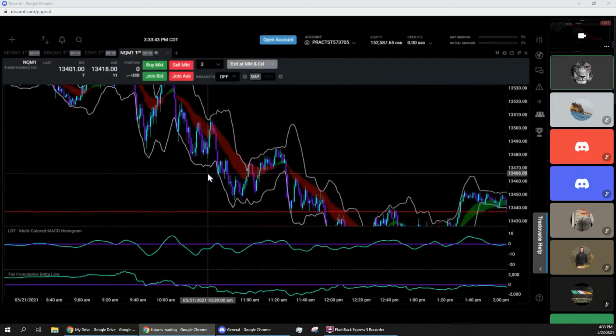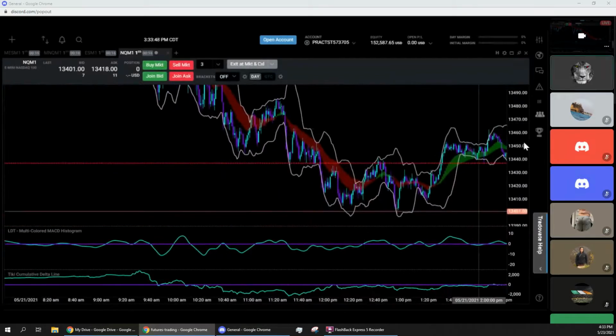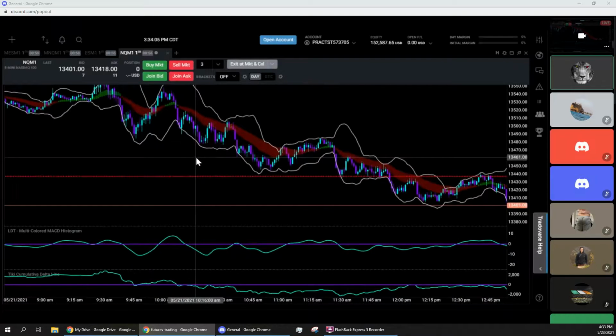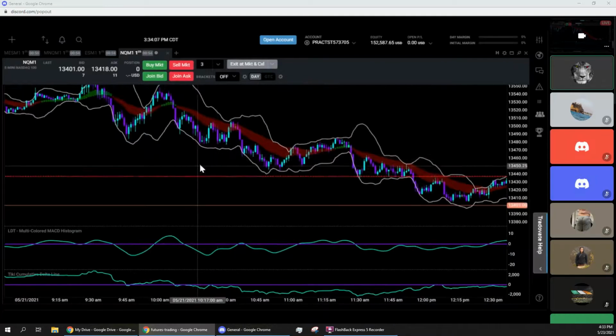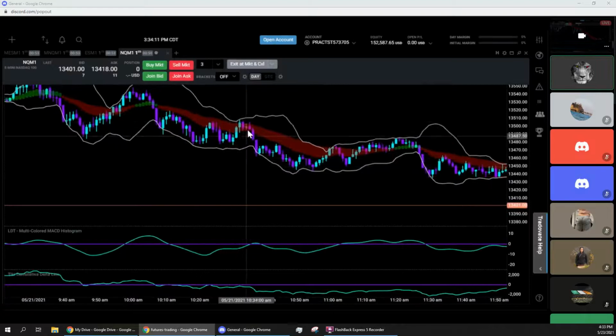All right, so around 10 o'clock, 10:10, we broke that zero line on the cumulative delta, which told us, hey, we need to be looking for shorts. And let's just work strictly off the Bollinger Band poke, and let's just see how it works out throughout the day.